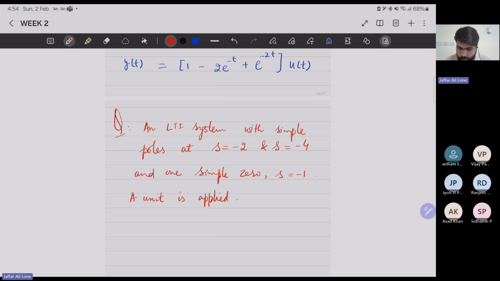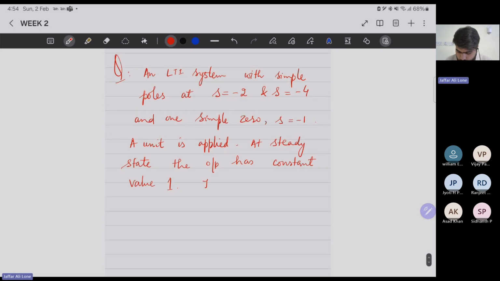Now, at steady state, the output has constant value 1. You are being asked to find the impulse response.